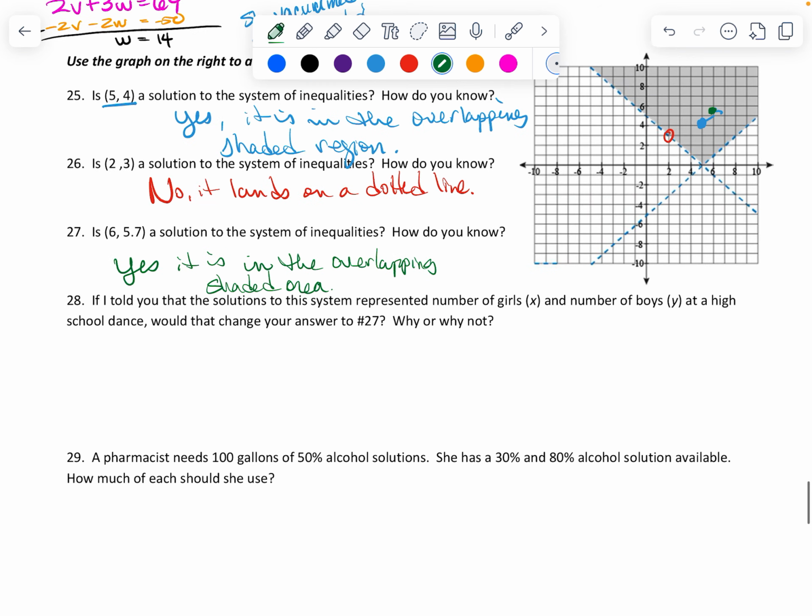Okay, if I told you that the solution to the system represented the number of girls, X, and number of boys, Y, at a high school dance, what would you change your answer to for number 27? 6 girls and 5 boys.